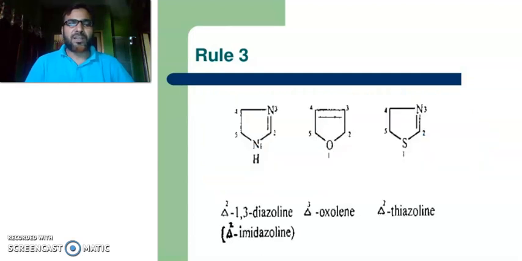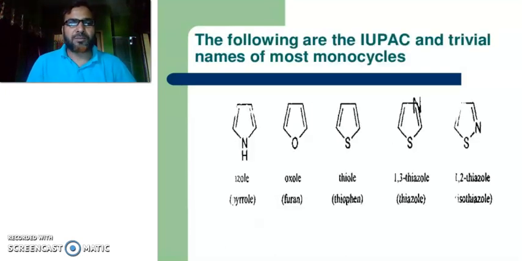You can see delta-1,3-diazoline, means there is an unsaturation point indicated with them. Now you can see delta-3-oxazoline, unsaturation at 3, and then you can see delta-2-thiazoline, unsaturation at 2, so imidazolines.